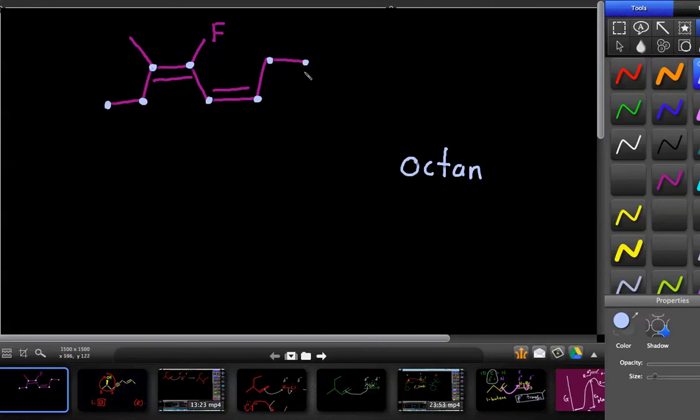So we want to number from left to right to have the lowest number. We have 1, 2, 3, 4, 5, 6, 7, 8. That's octan-3,5-diene.